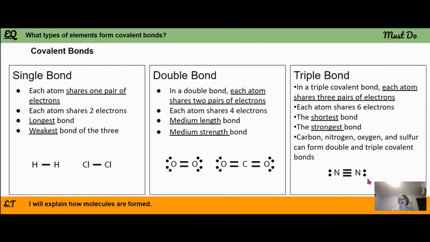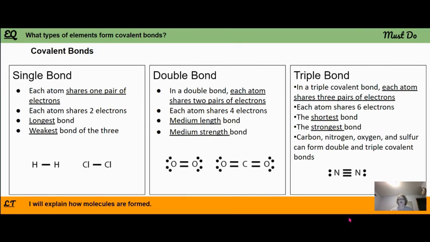However, it is possible for them to create a triple bond. Okay, and we'll talk more about that when we talk about how these bonds actually form. Where do they come from? Why do we get a double bond versus a single bond, or a triple bond versus a single bond?